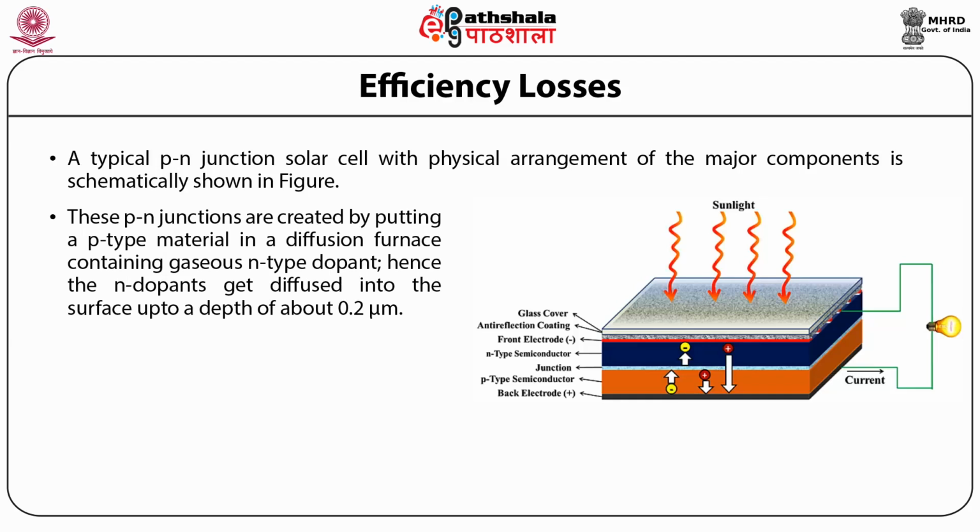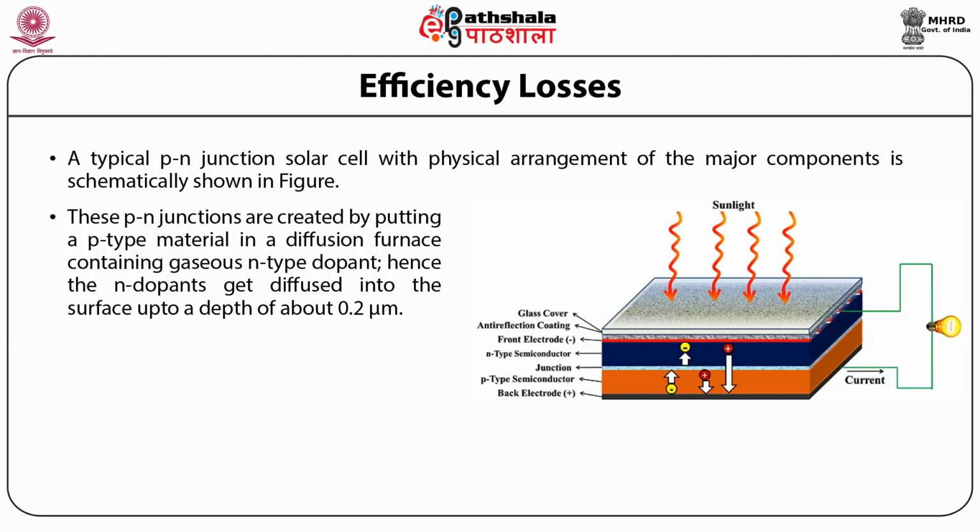These PN junctions are created by putting a p-type material in a diffusion furnace containing the gaseous n-type dopant. Hence, the n-type dopant gets diffused into the surface up to a depth of about 0.2 microns.